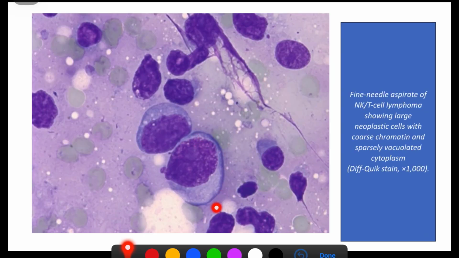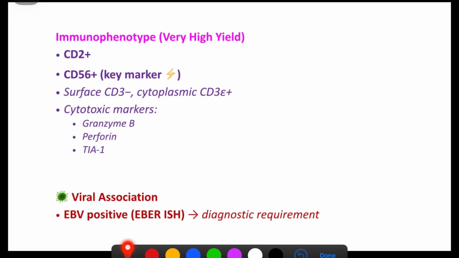Again, large cells, coarse chromatin, vacuolated cytoplasm, and you can compare it with the background cells.